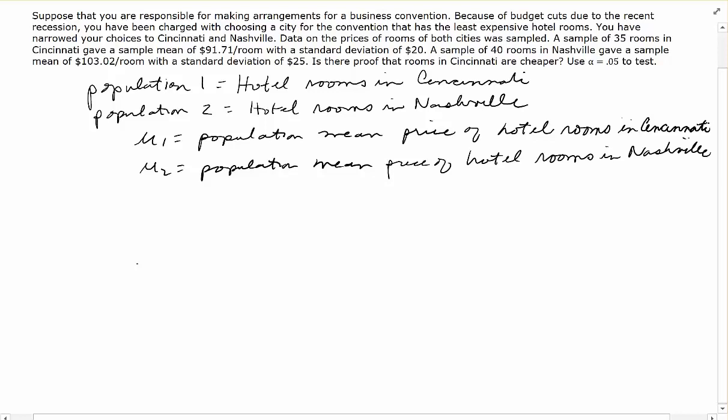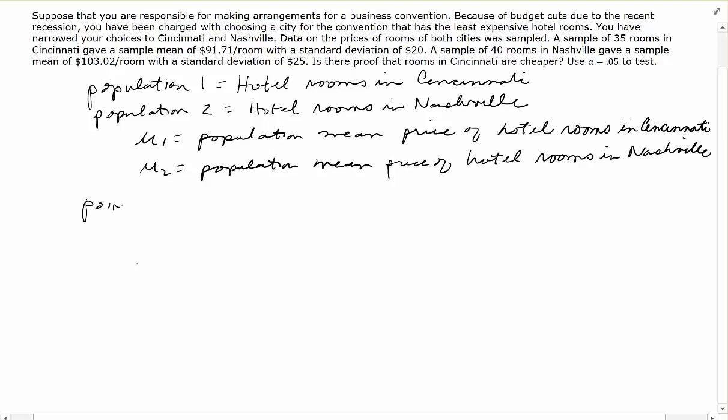Now, I've collected two samples. One sample of 35 hotel rooms in Cincinnati and another sample of 40 hotel rooms in Nashville. And I've collected some statistics from those samples.